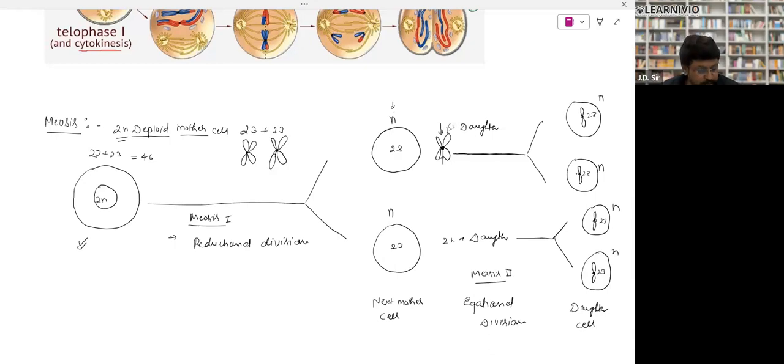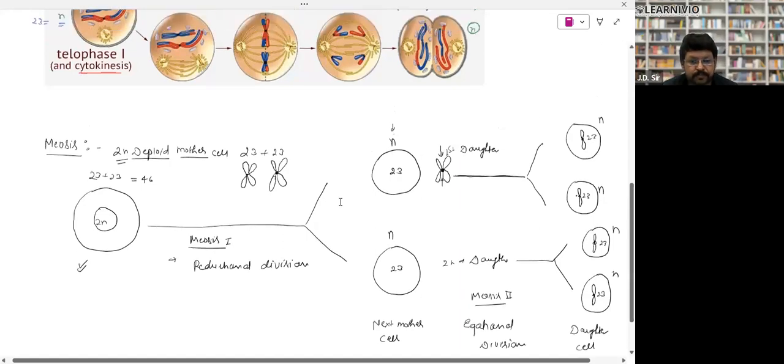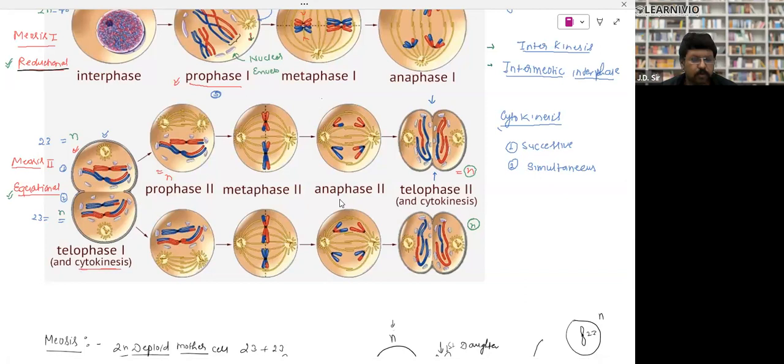So meiosis second can be further divided into prophase second, metaphase second, anaphase second, and telophase second.